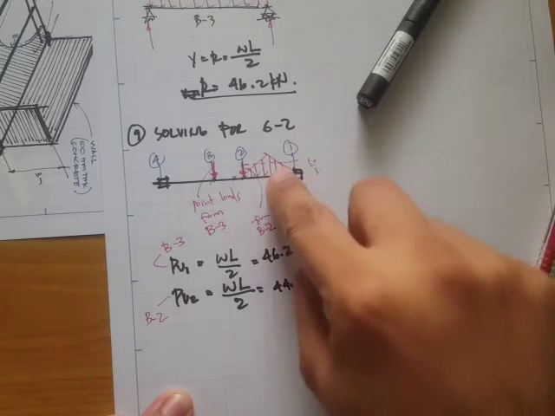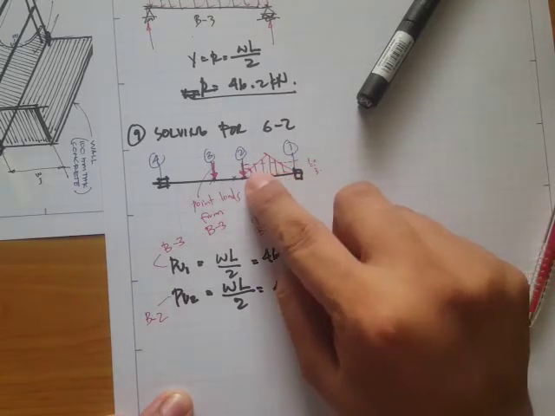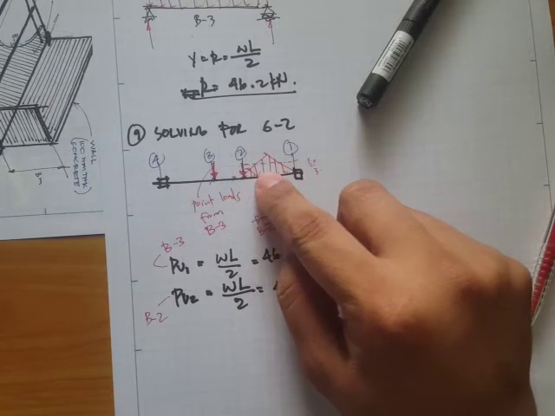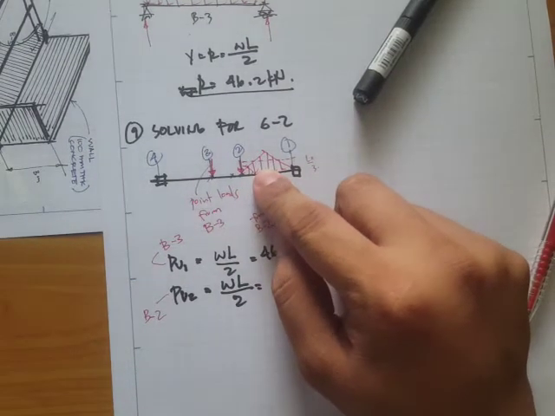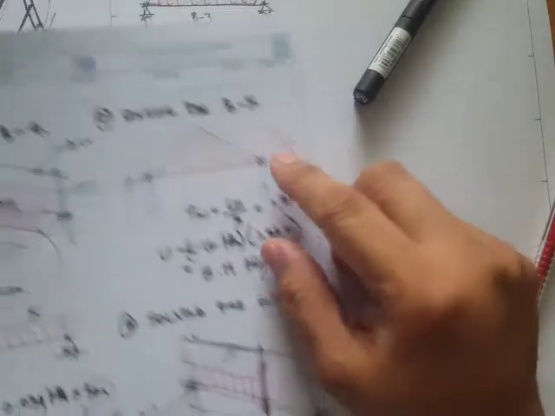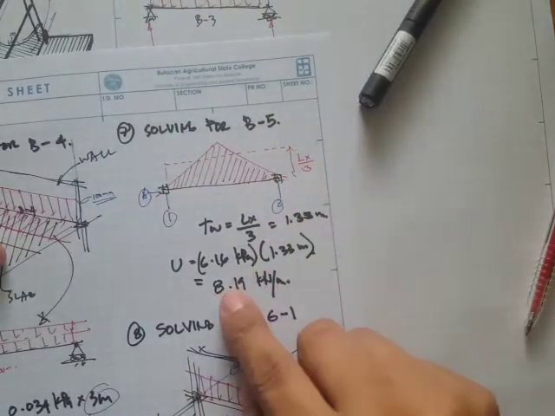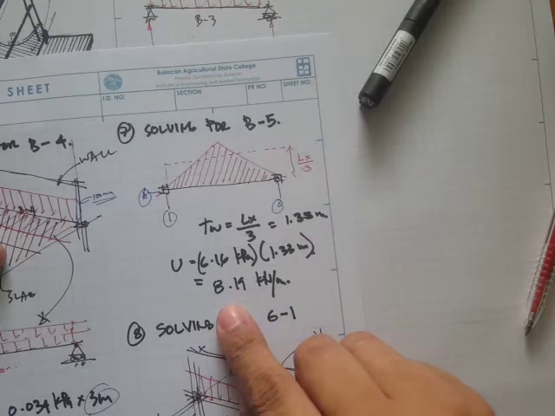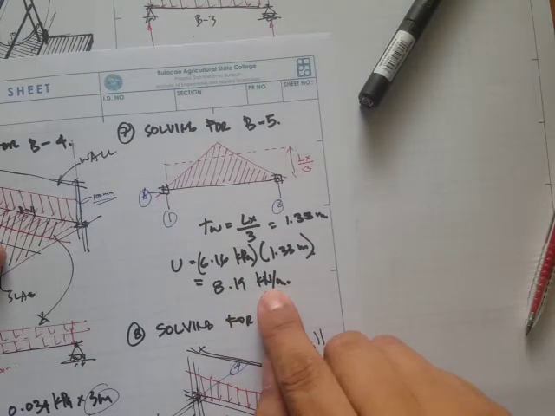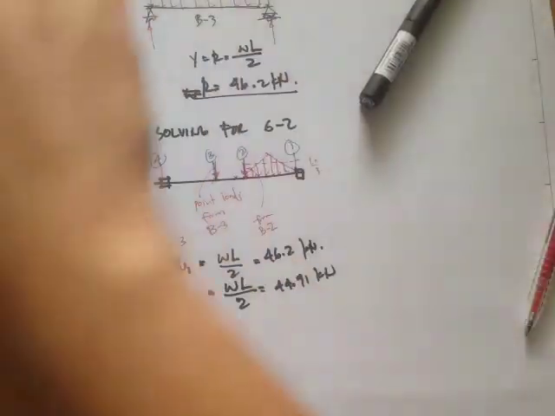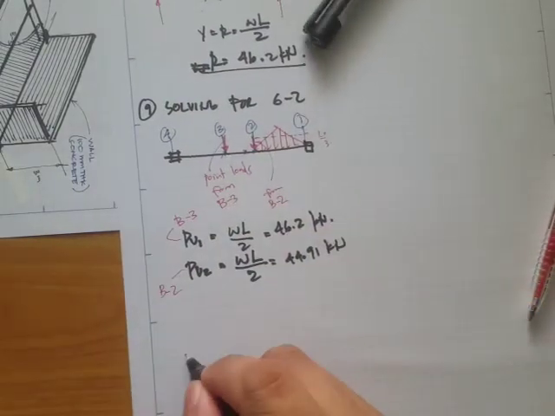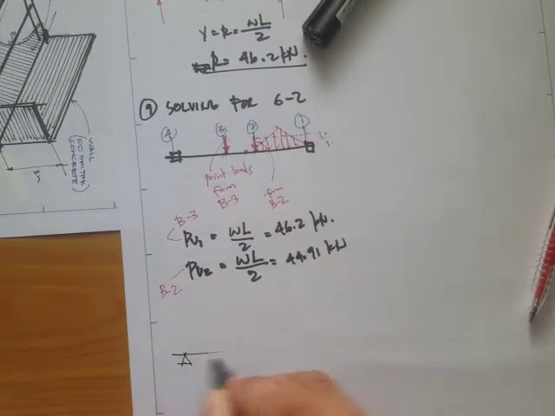So what is the loading right here? We already solved that in B-5, right? So we have this value, 8.19 kilonewton per meter. Let's draw the beam diagram and the loadings.